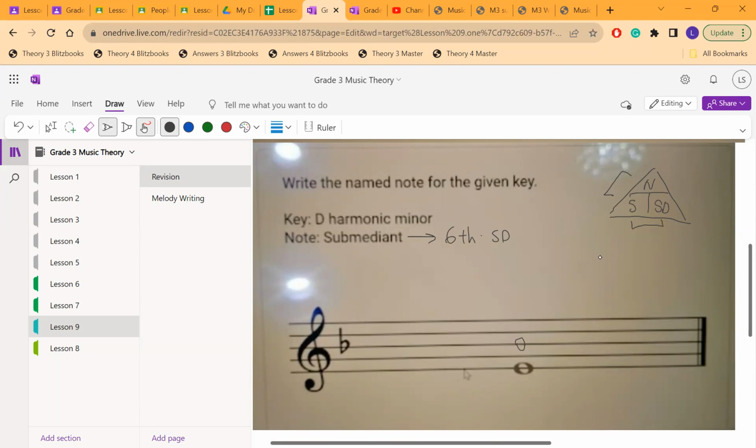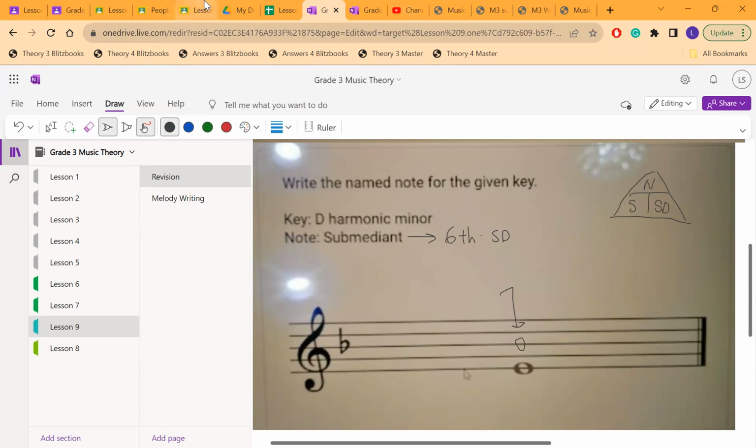You just count in terms of the scale degree, to figure out the note which corresponds to the scale degree in that scale. That's a bit long-winded, but this is a perfectly normal question, involving just knowing your scale degrees, knowing your scales. And that's why the scale section is worth 21 marks.